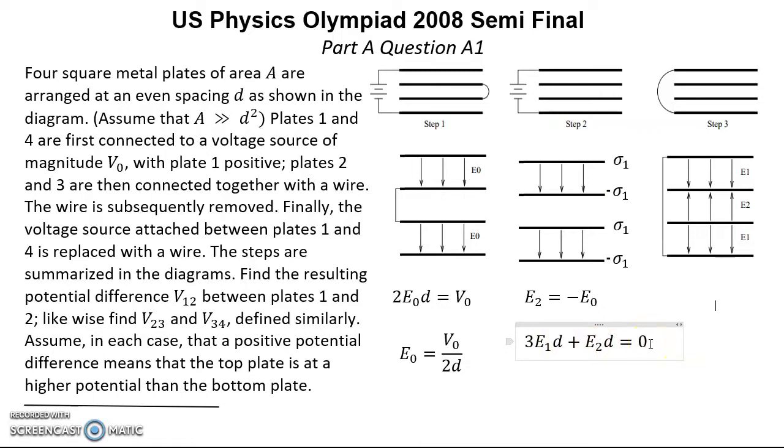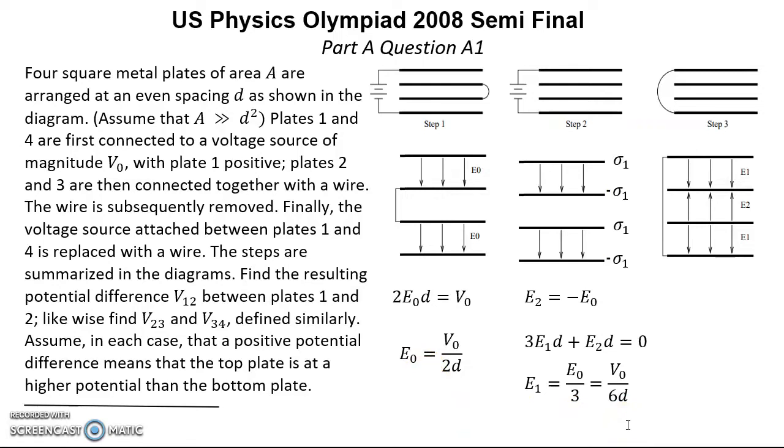And we know that E2 equals negative E0, and from here we can find that electric field E1 equals E0 over 3, or due to this it's equal to voltage V0 over 6d.